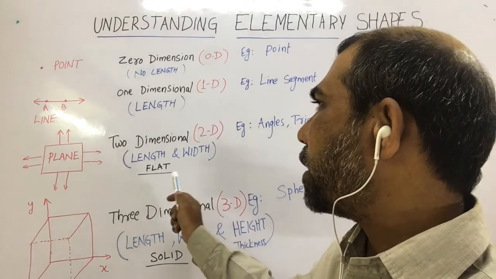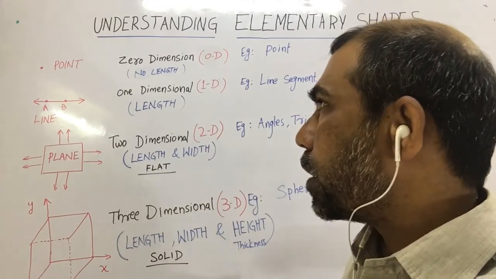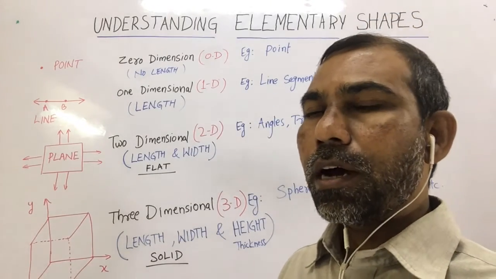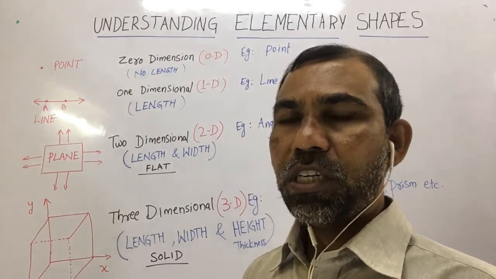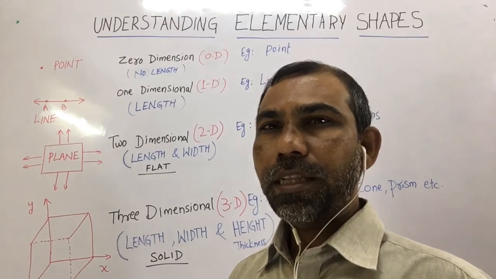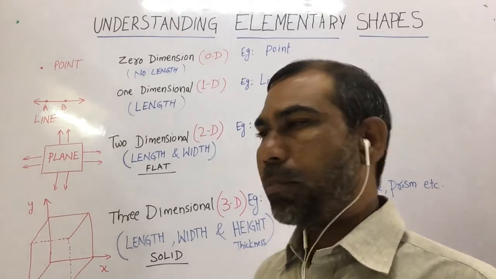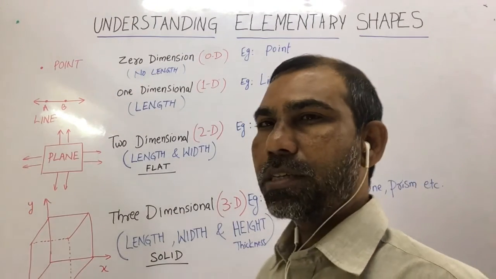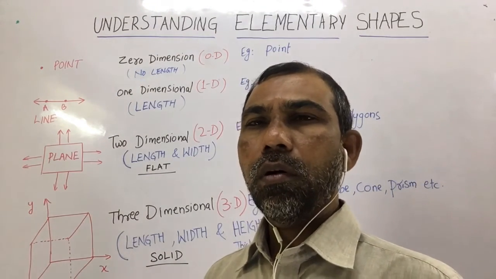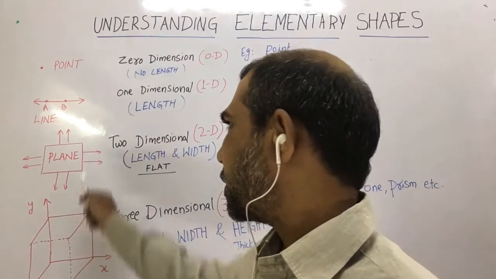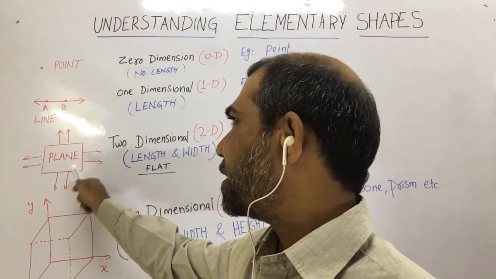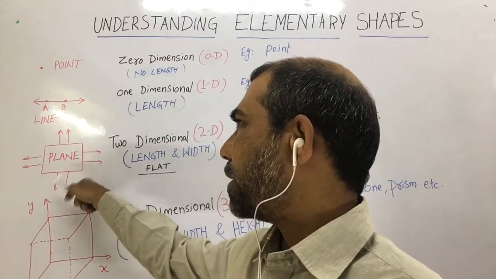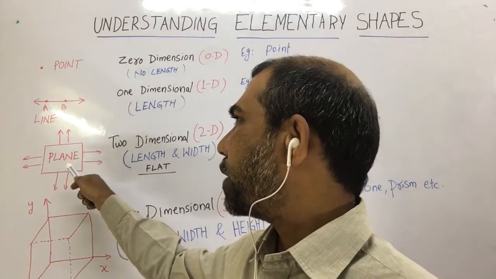Now if you see, a blackboard or a whiteboard is a two-dimensional shape. It is nothing but a plane. A plane, as you can define, extends indefinitely in all directions. You can see this arrow mark shows it extends indefinitely in all four directions.